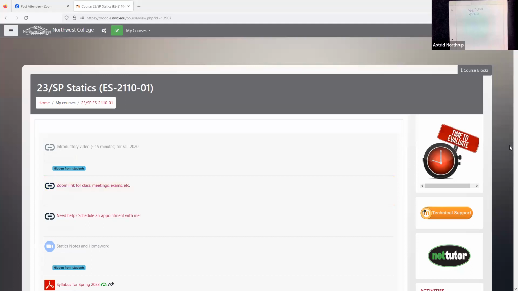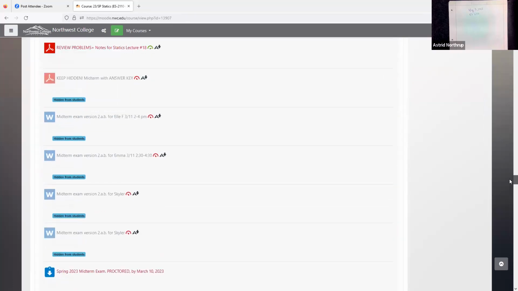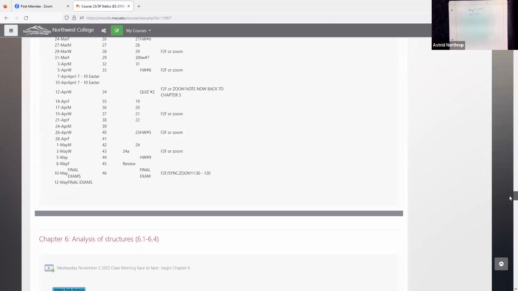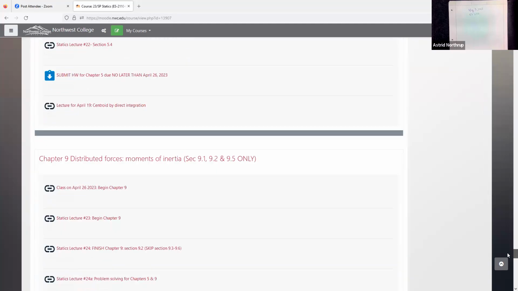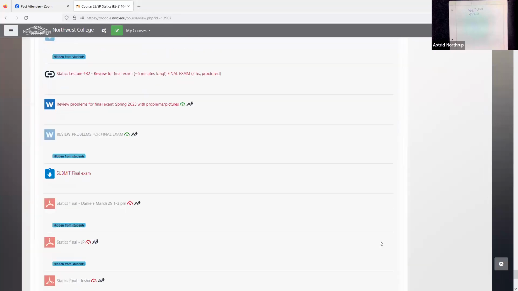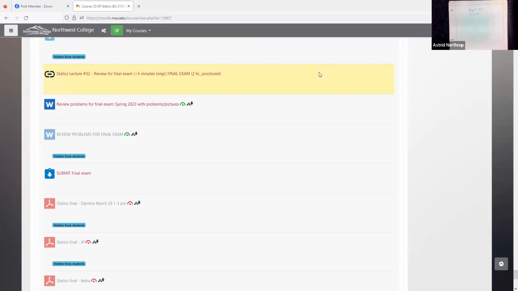A couple of things I just wanted to go over. One of your classmates commented that I had only put up review problems for the final exam. I put up the numbers, but the problems are from the 12th edition of our textbook, and some people are working from the 11th edition. So I created a new document with the pictures and the word problems for those review problems.